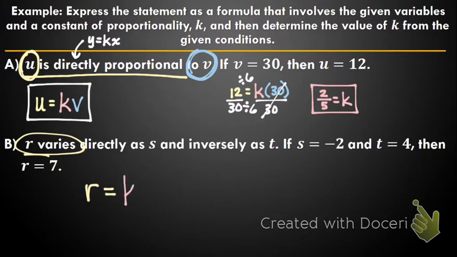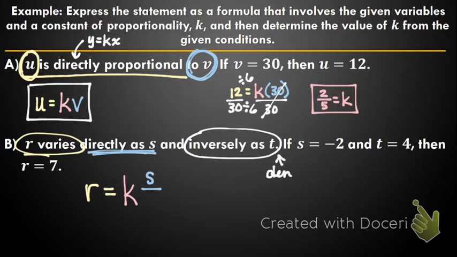K. R equals K. It varies directly as S. So S is going to be in my numerator, because then it also says what? And how does it vary with t? Inversely. So that means t goes in my denominator. There's my formula.